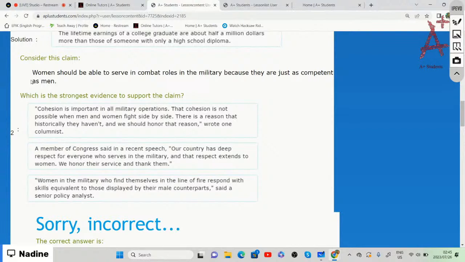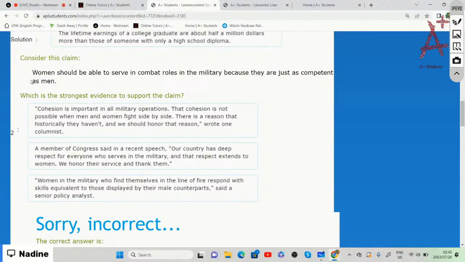Women should be able to serve in combat roles in the military because they are just as competent as men, meaning that they can also do what men do, specifically in the army or military. Now we are going to have to choose the best sentence to support our claim. So, which is the strongest evidence to support the claim?